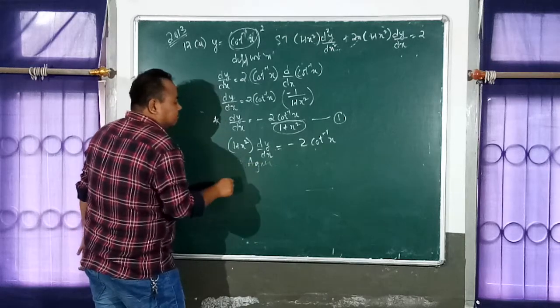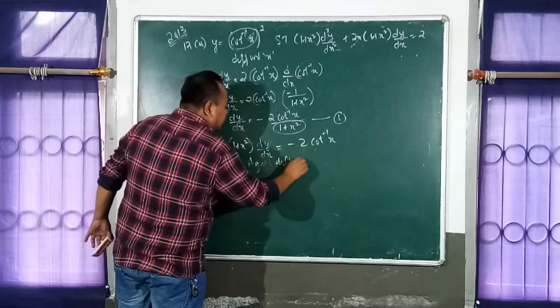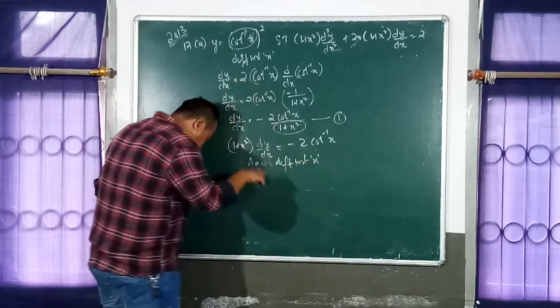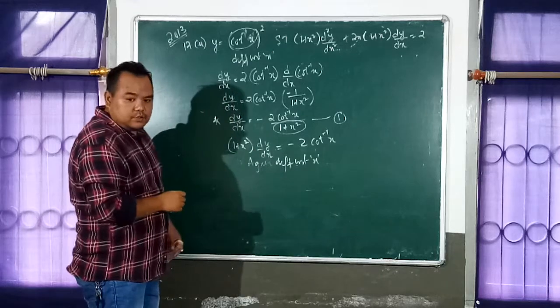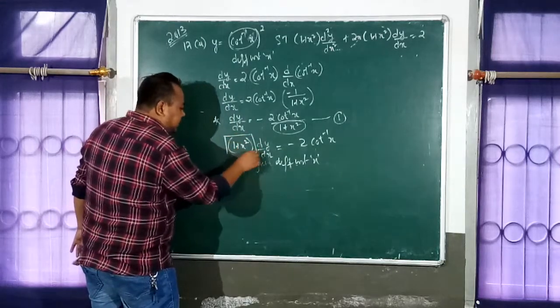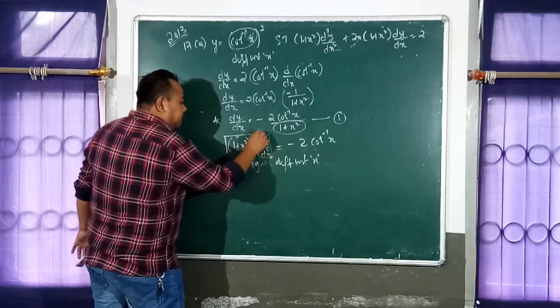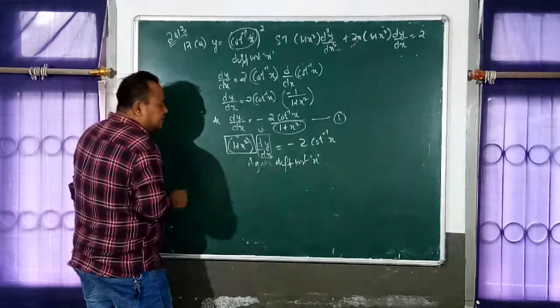Again differentiating with respect to x. Now this step is very important, everyone. As you can see, there's a multiplication sign. So this becomes your u and this becomes your v. So what is product rule? Can you tell me?